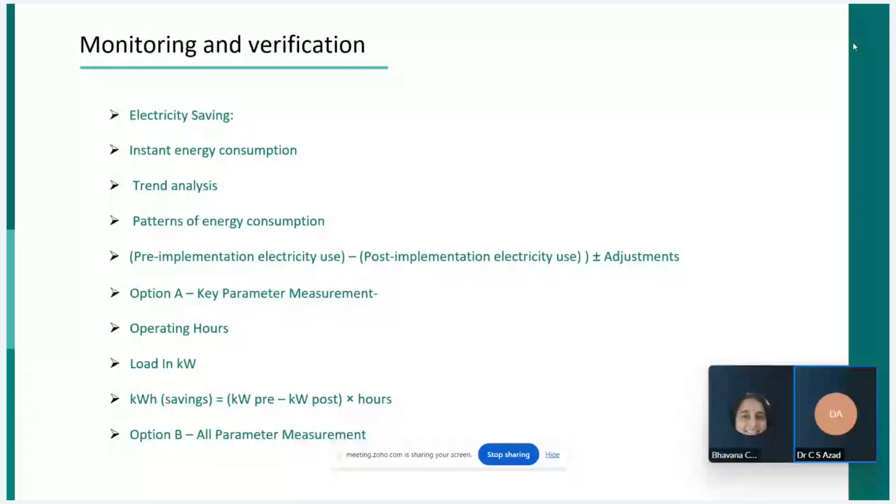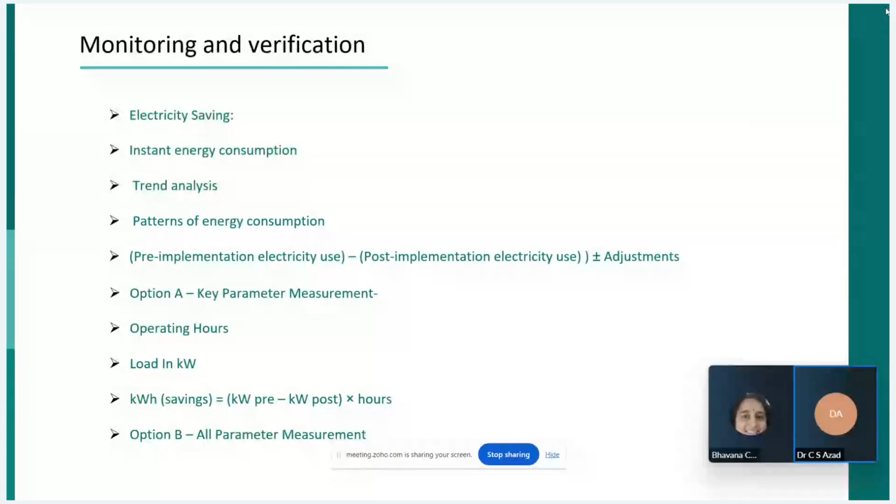Measurement and verification comprises trend analysis, the pattern of energy consumption, pre-implementation electricity use, then post-implementation electricity use.